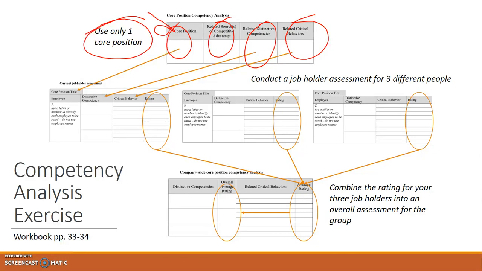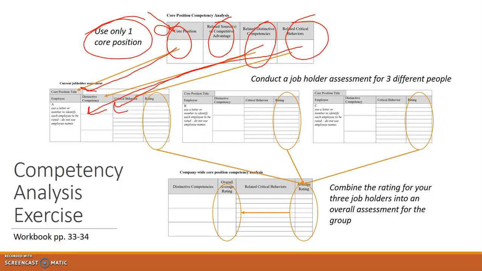The next table, you're going to do a current job holder assessment. The information from your core position comes right here and goes into the core position job title, right? So that goes straight into there. Related distinctive competencies come straight from this table and go into these boxes here. Your related critical behaviors come from this table and go straight into these boxes here.